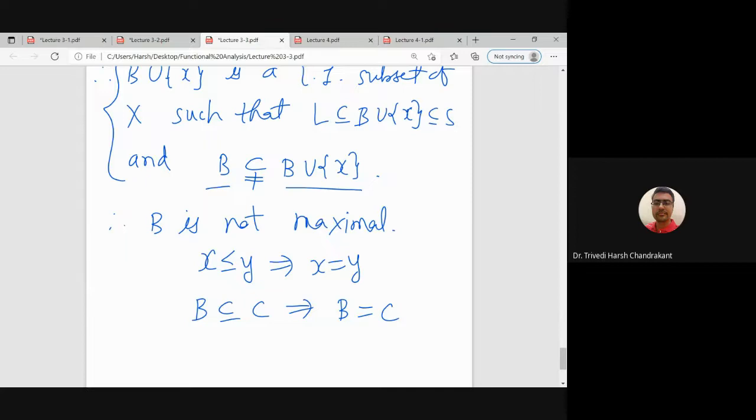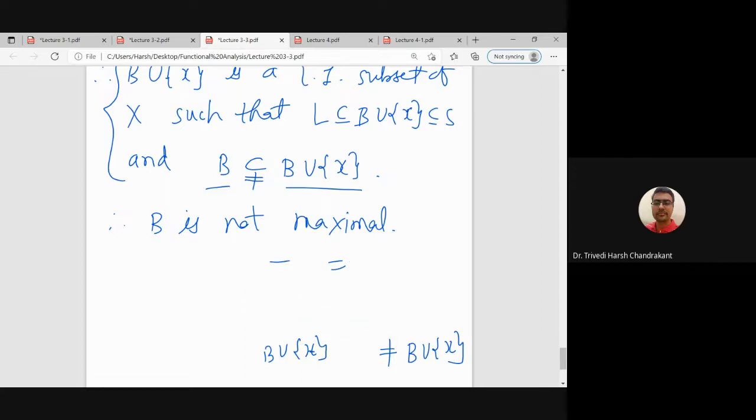But this is not true because we are getting the set B union singleton X, which is bigger than B, and that is not the same as B, right? B is not equal to B union X. So therefore we are getting a contradiction, that B is not maximal, which is a contradiction.